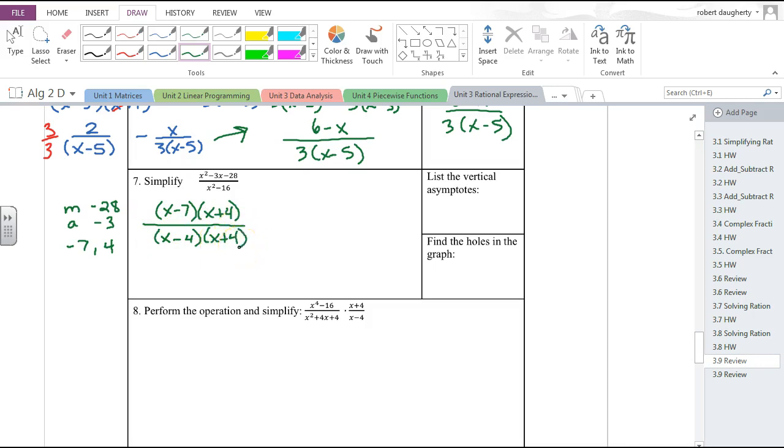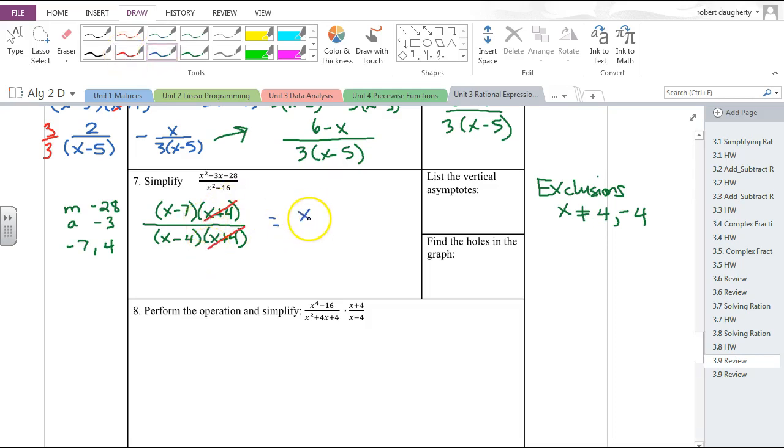What are my exclusions? They didn't ask that here. They asked that in a different form. Let me just write it here. My exclusions: x cannot be 4 or negative 4. Now, in simplifying this, x plus 4 over x plus 4 is 1.